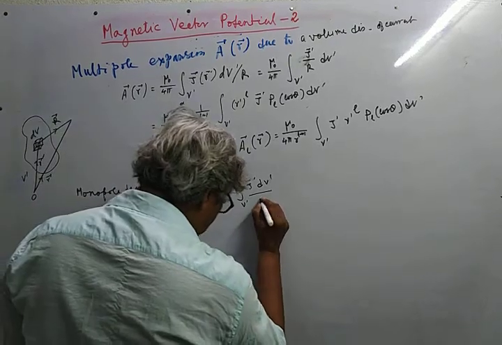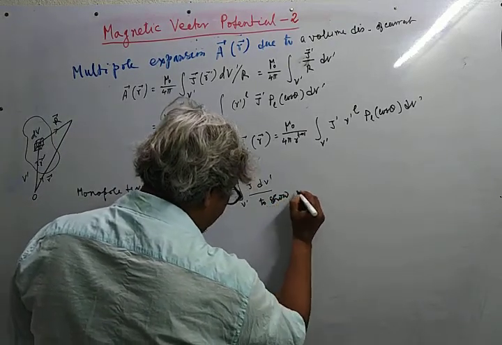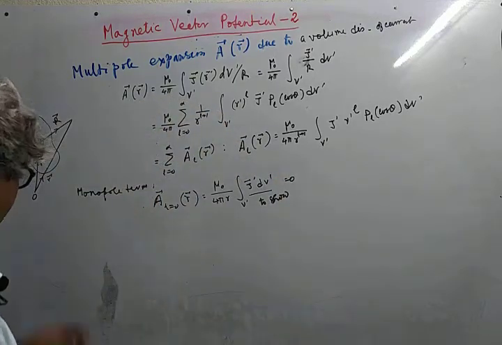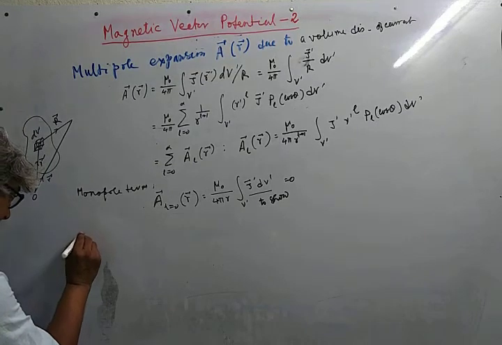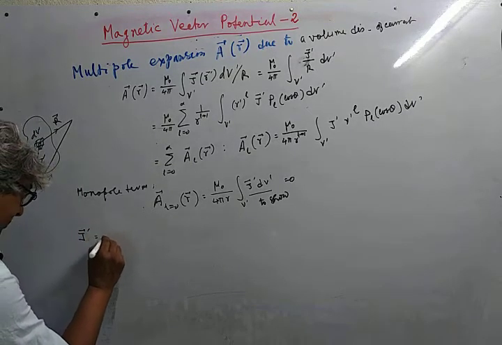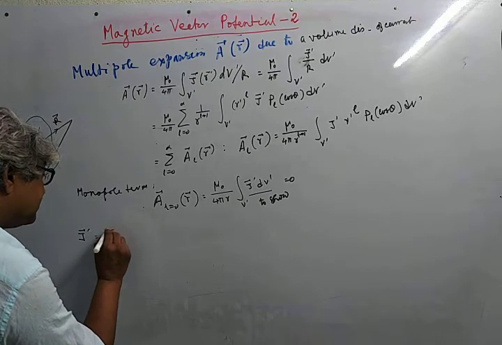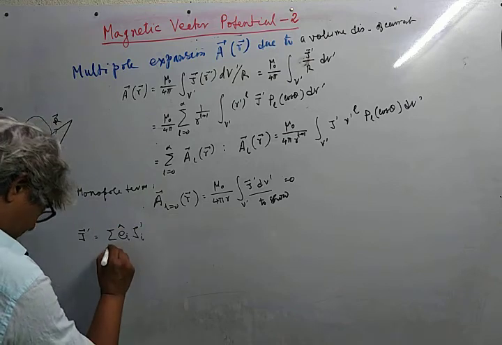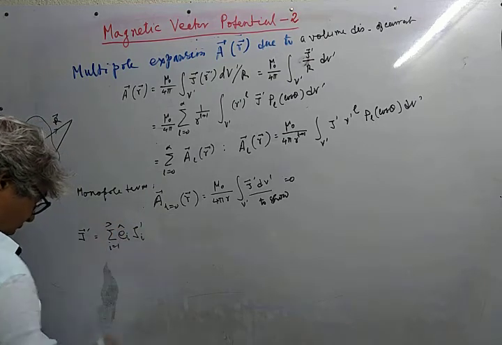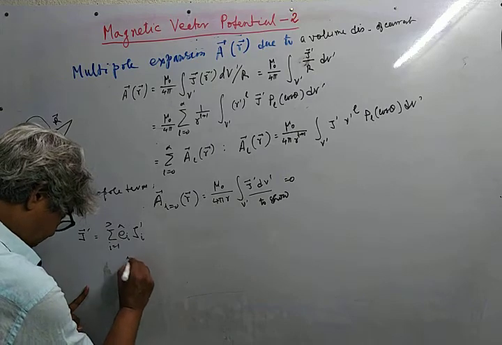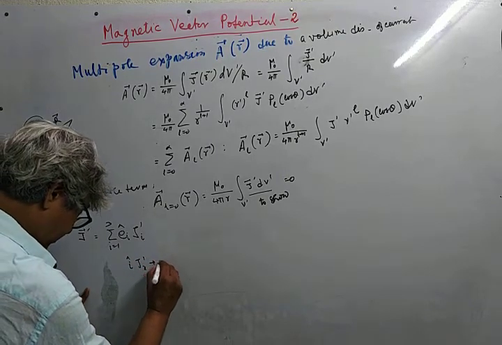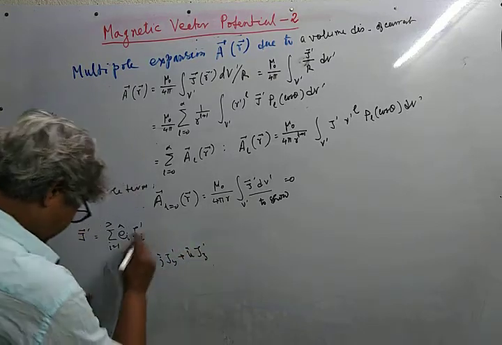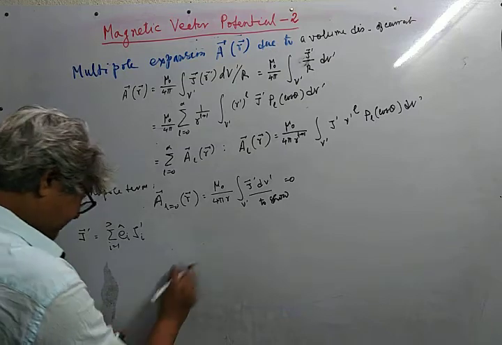To show that this is equal to 0, we start with writing J. J is written as summation over i cap Ji, i equal to 1 to 3. It means this is i cap Jx prime plus j cap Jy prime plus k cap Jz prime. This is written in a compact notation.